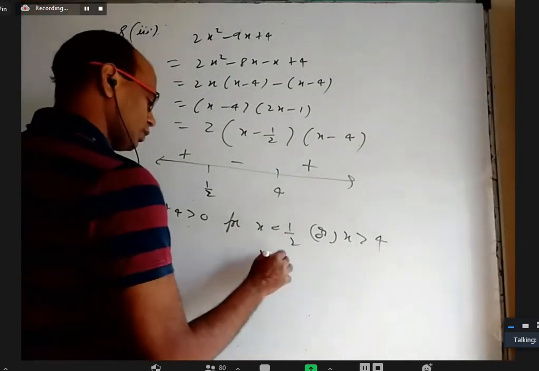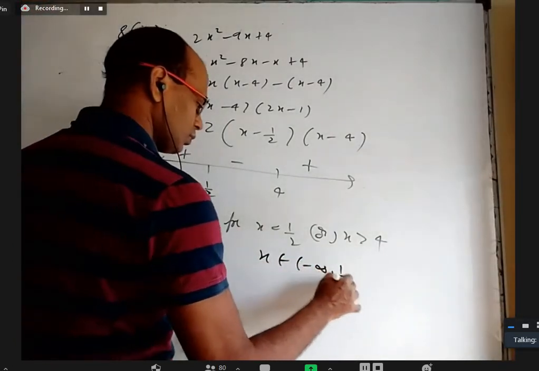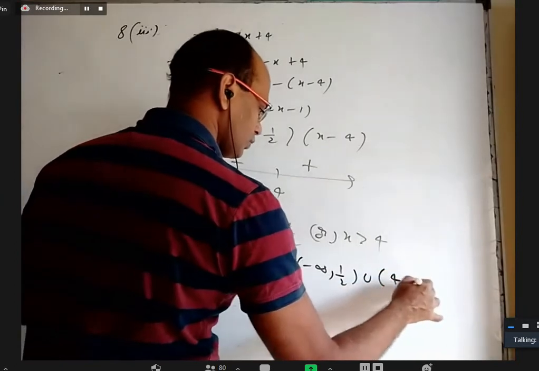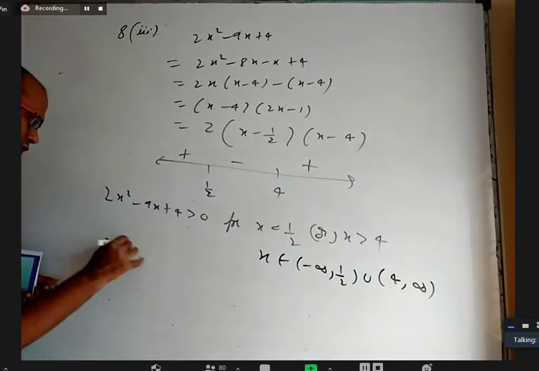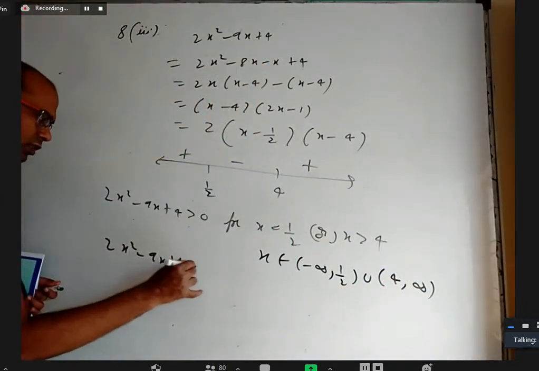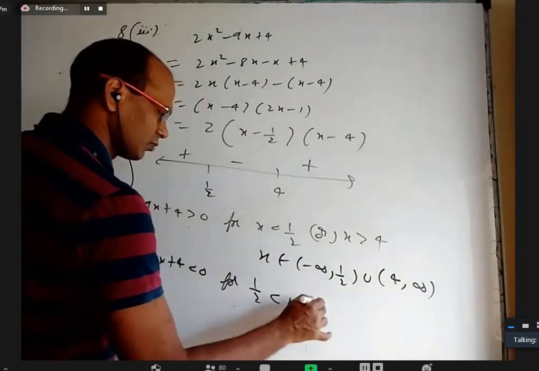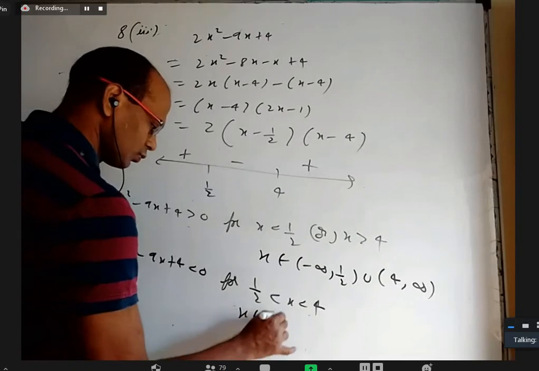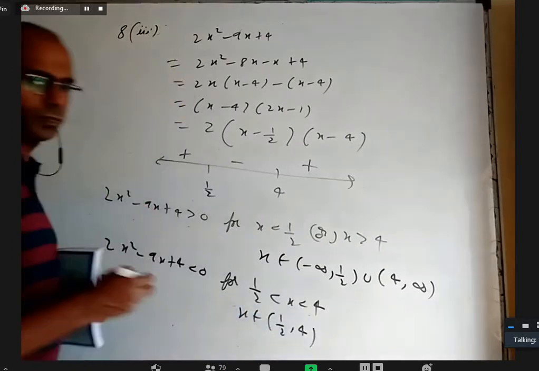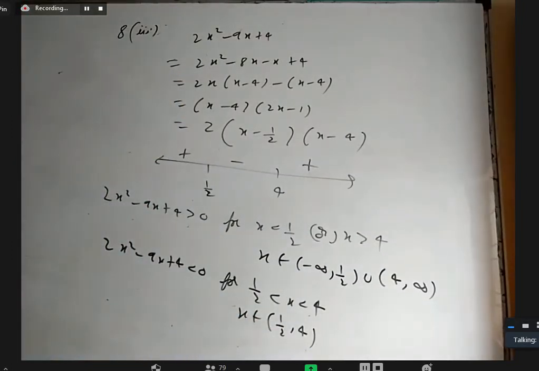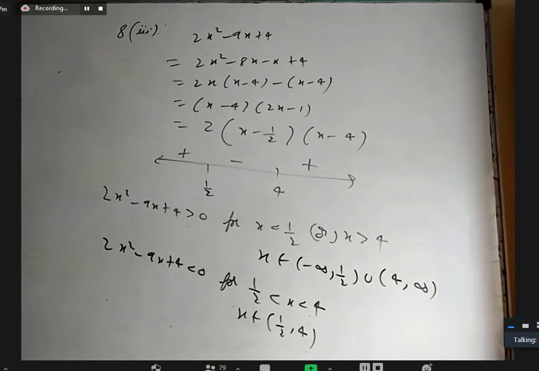That is, x belongs to minus infinity to 1 by 2 union 4 to infinity. 2x square minus 9x plus 4 is less than 0 for 1 by 2 less than x less than 4. X belongs to the open interval 1 by 2 to 4. Is this one clear, Saket?